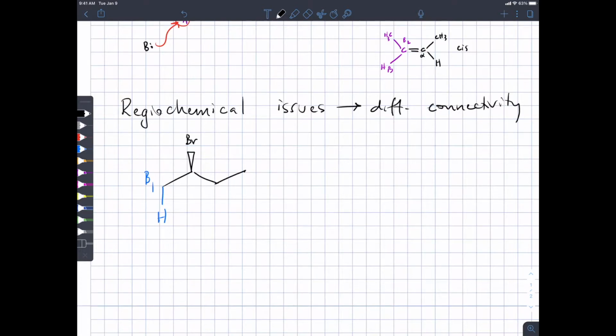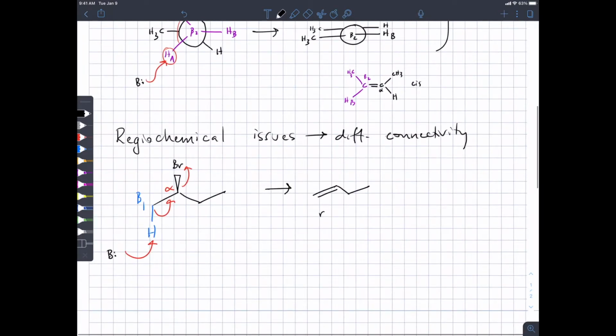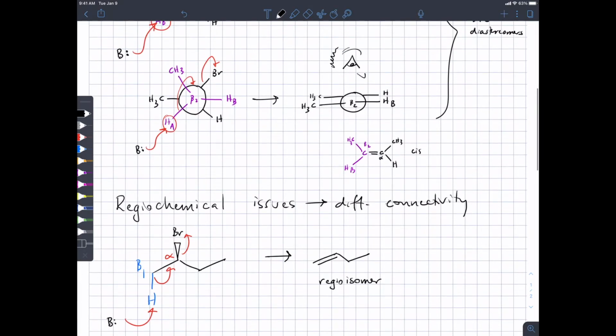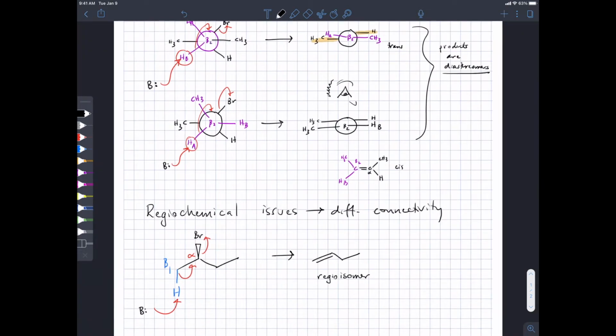And who cares which one? Because they're all equivalent. So a base would remove this proton, form a new pi bond with the alpha carbon, the leaving group leaves, and you end up with this alkene. This is a regioisomer of the 2 diastereomers that we've shown up there. It's a regioisomer because it has different connectivity.